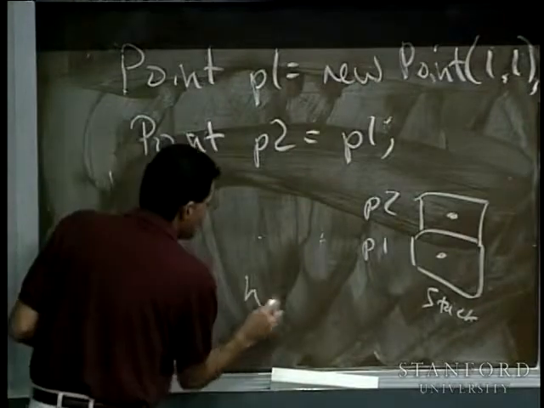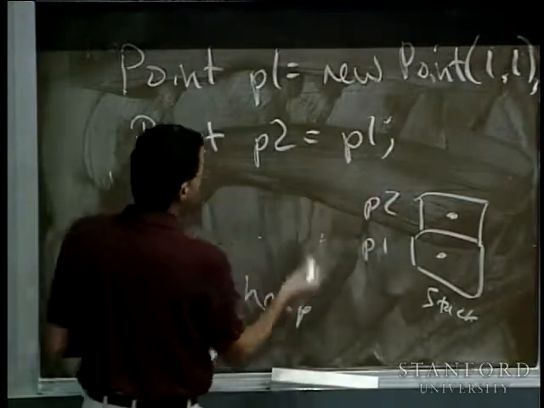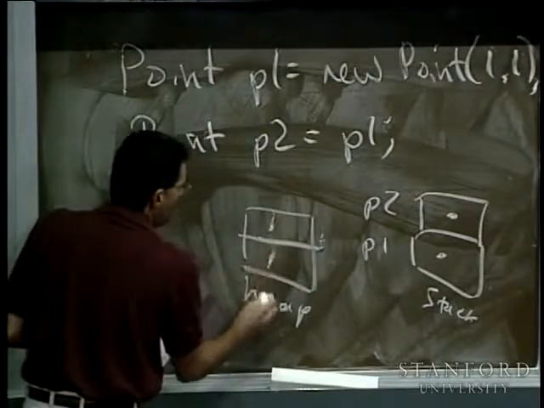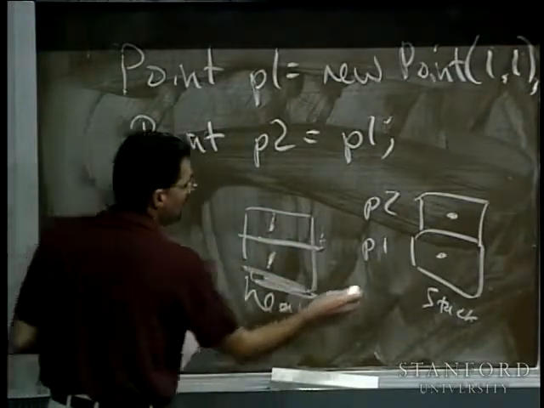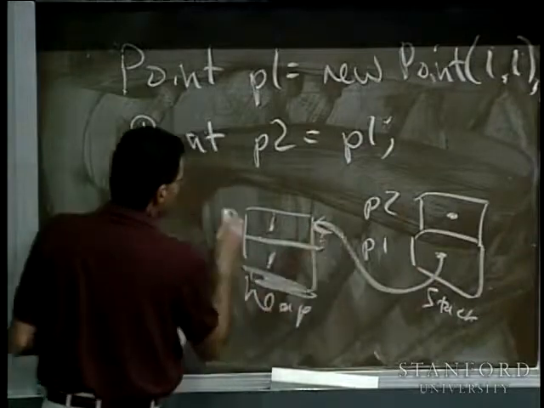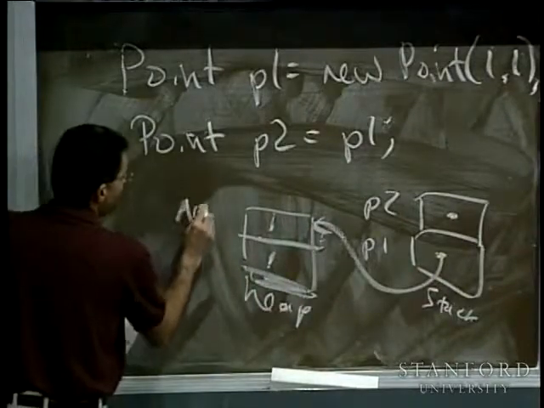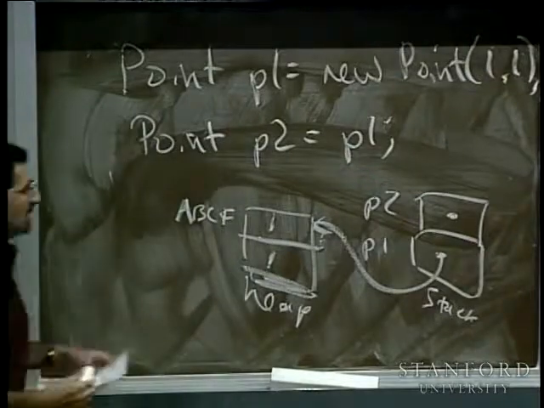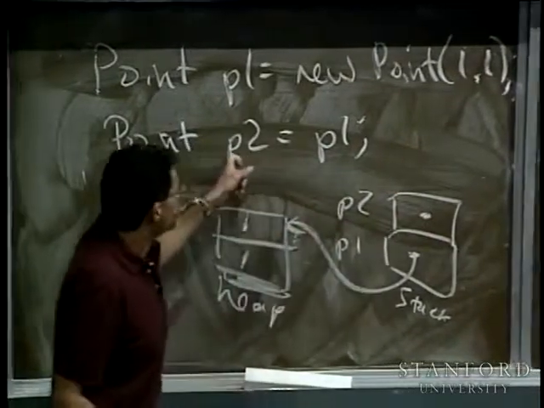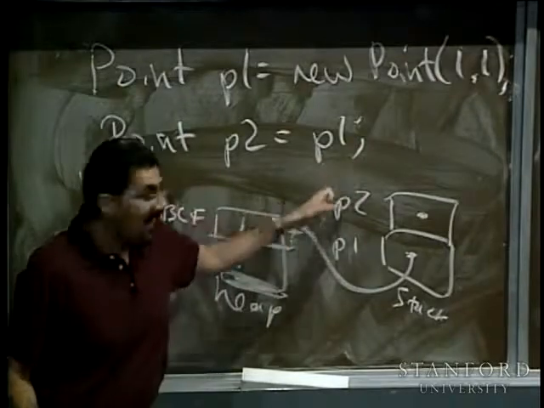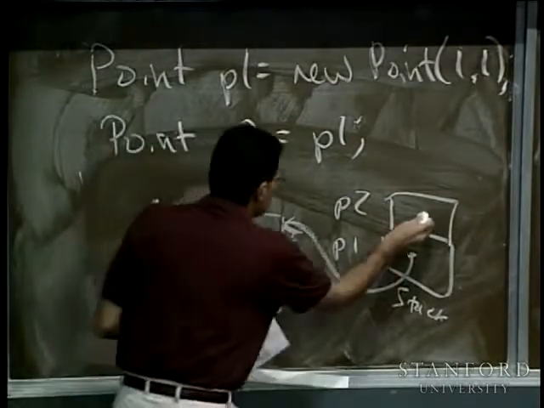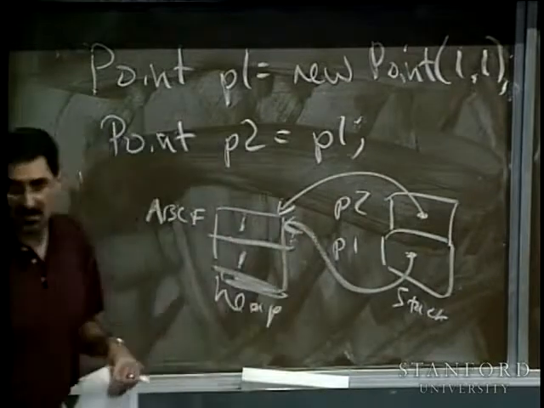Now this is the stack. Here's the heap over here. When I create p1, I create some space over here that's going to store a 1 and a 1, and there's some overhead down here that I don't care about. And this guy's going to point over to here. Let's say this is memory location ABCF. Okay? It's just some memory location. When p2 comes along and I set p2 equal to p1, it just gets the same value as p1. It gets ABCF, which means this guy's pointing to the same location.